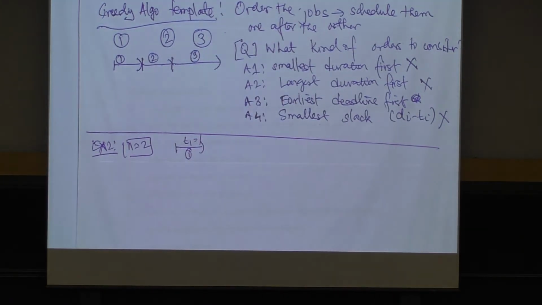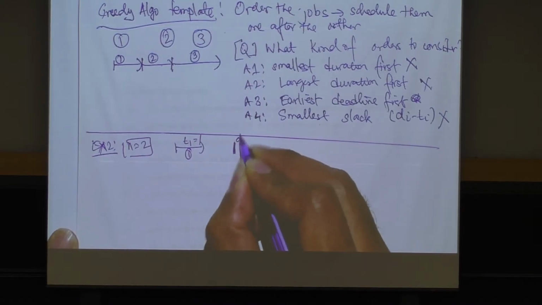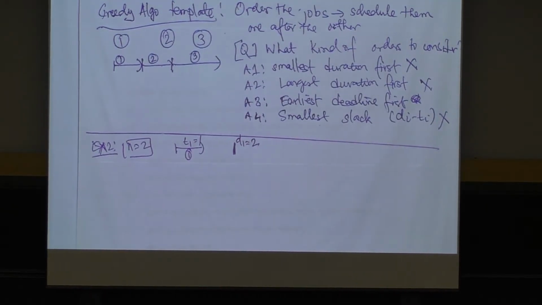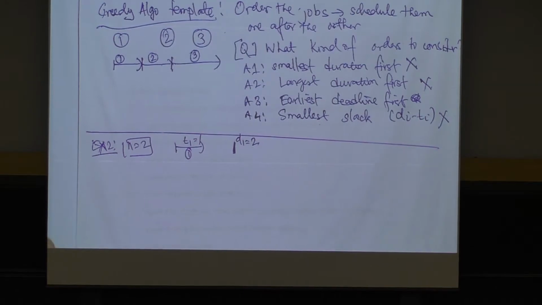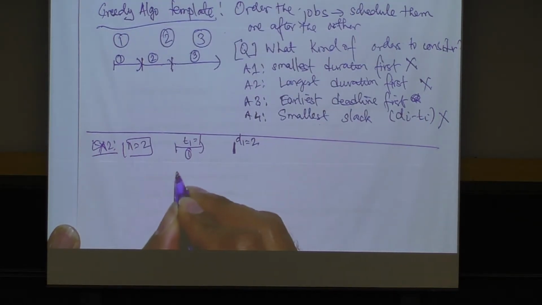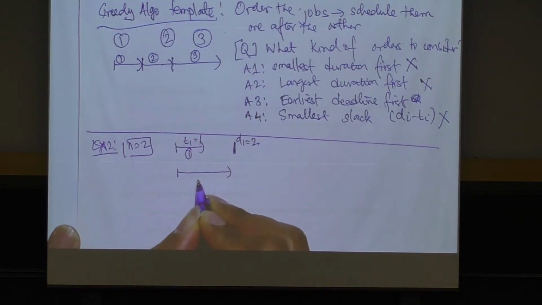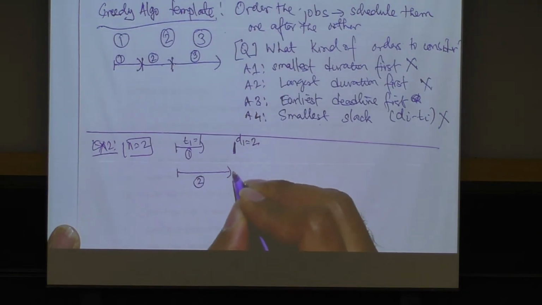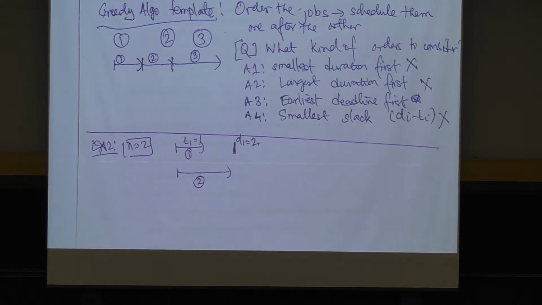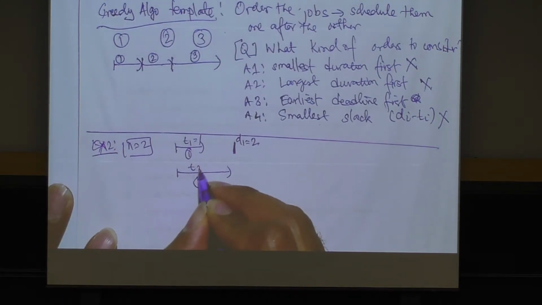So again, my first job has duration 1, but it has a much tighter deadline now. So it has a deadline of 2 instead of 100. And actually, if you look at the second job, it's exactly the same as before.